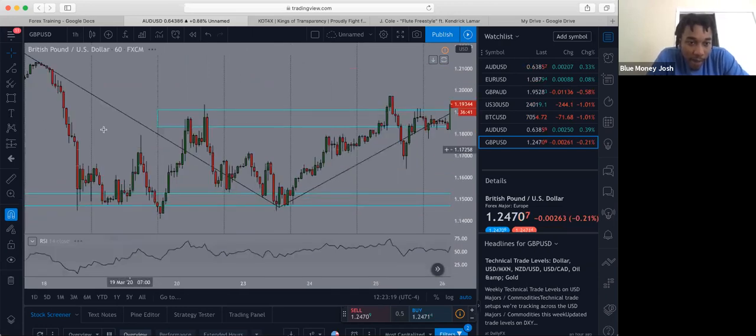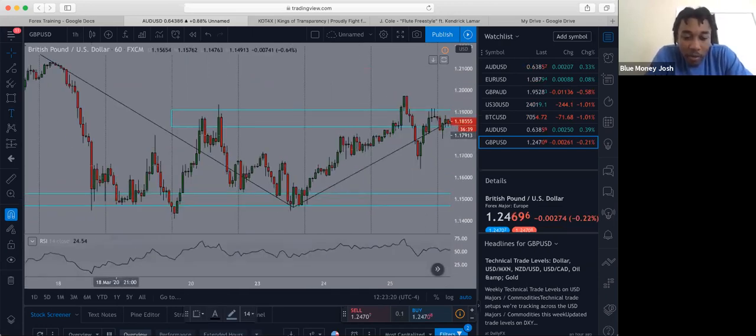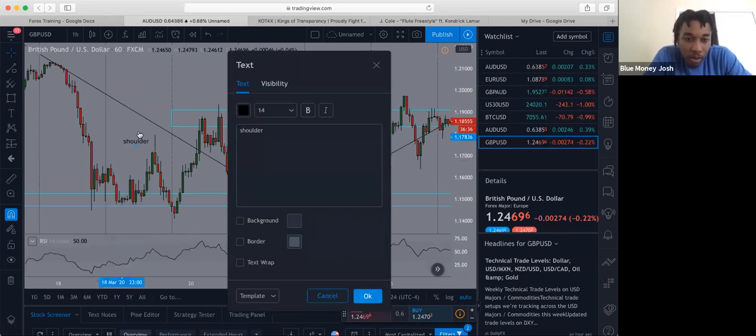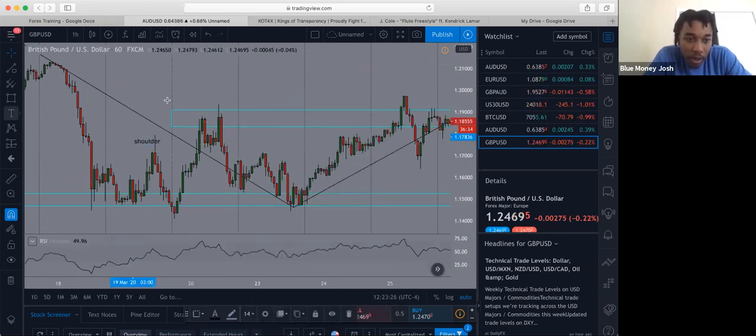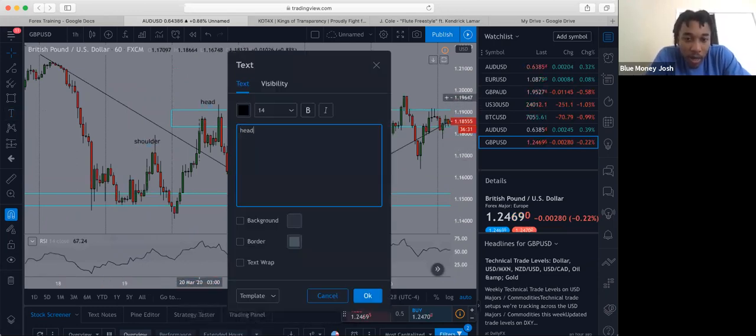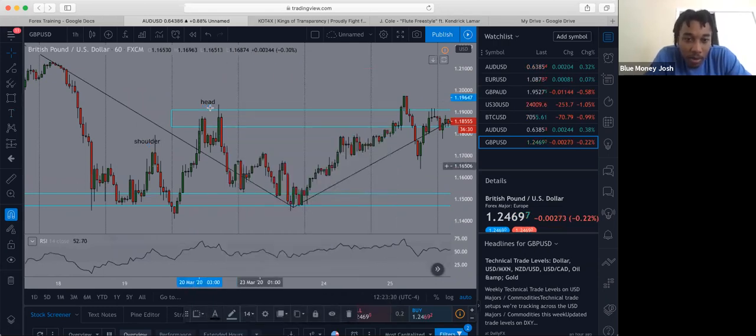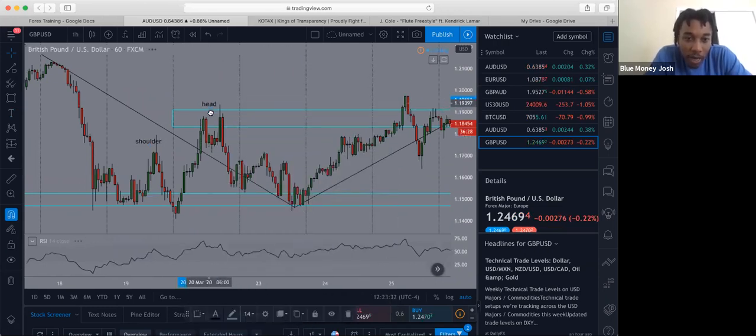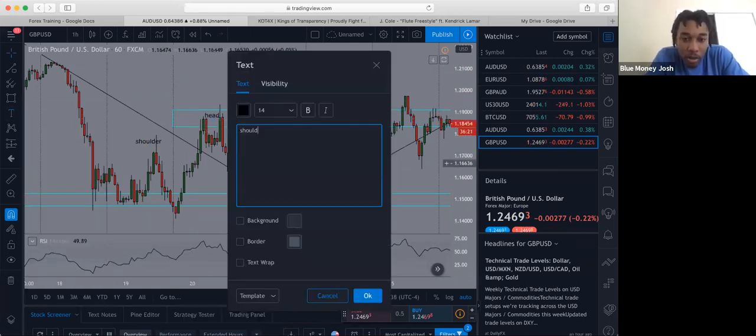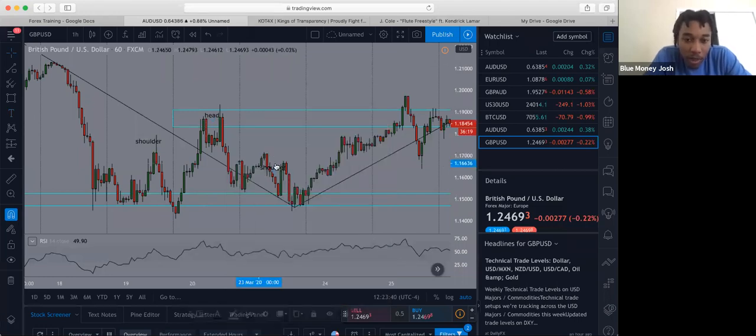Right there you have your first shoulder, your left shoulder. Then you have the head at the top, right in the zone. It gave you an M inside the zone, so that's confirming that it's going to drop. Then it gave you another shoulder right here.